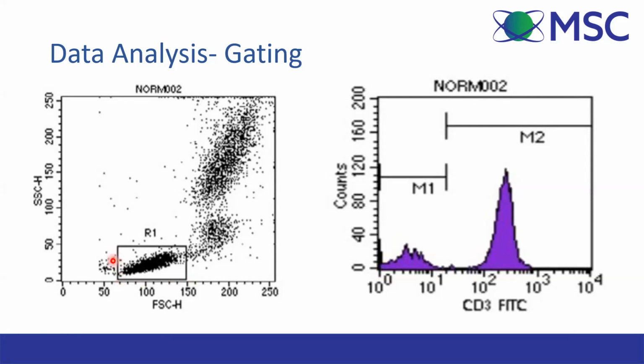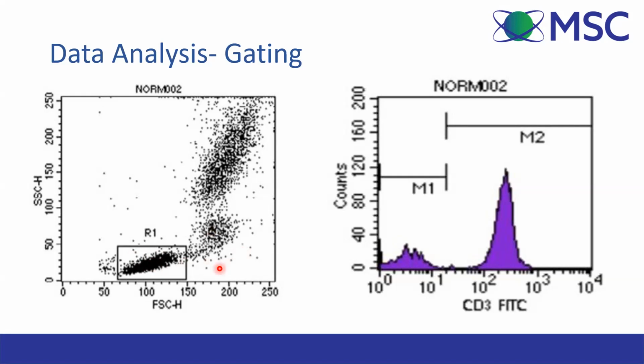Based on forward scatter and side scatter, you can set a gate to allow analysis only of the cells that are in the lymphocyte area. The resulting display then would reflect the fluorescence properties of only the lymphocytes.